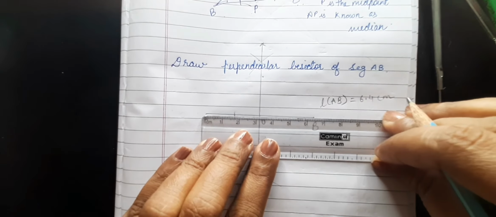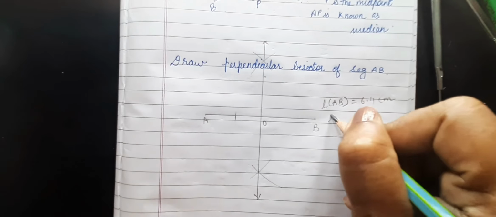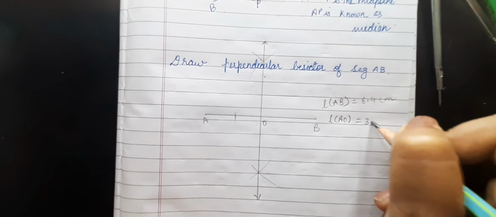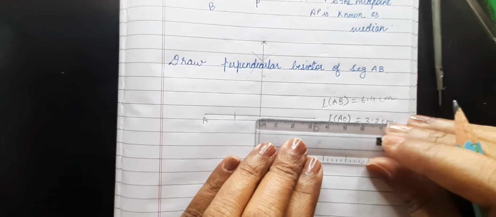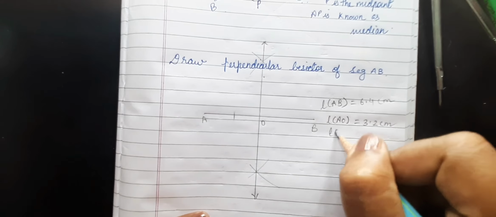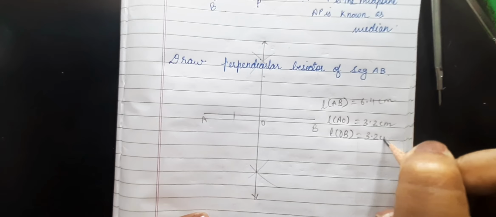Length of AO is 3.2 centimeter, and similarly the length of OB is also 3.2 centimeter.